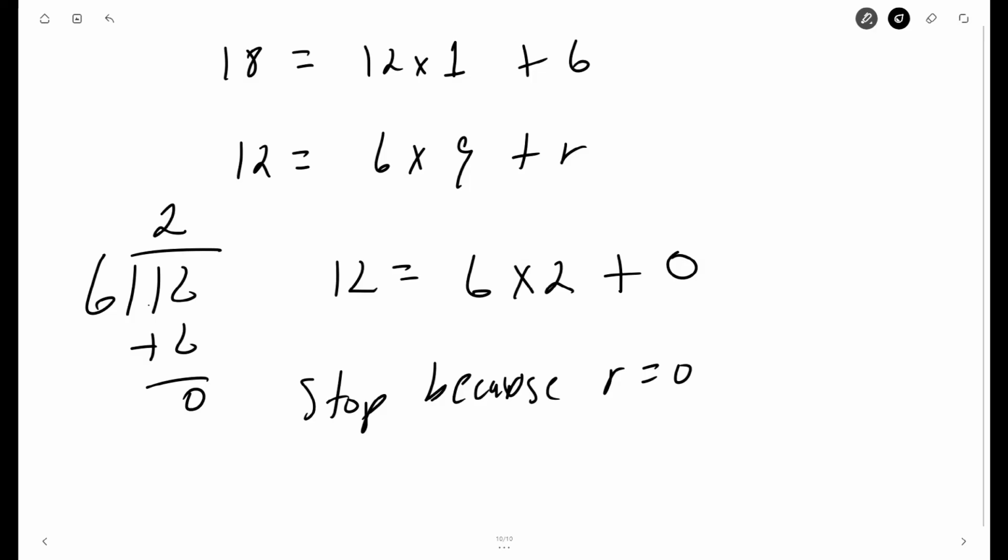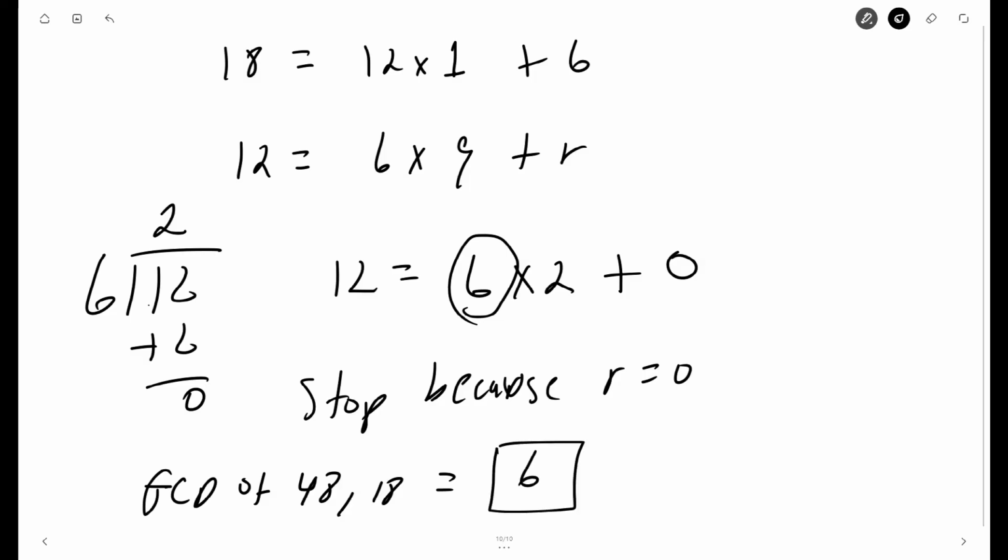The GCD is equal to 6, our B. So now we say the GCD of our initial numbers, 48 and 18, is equal to 6.